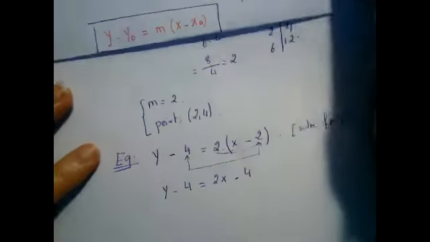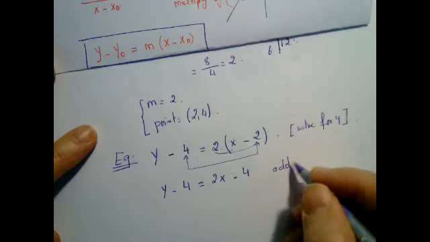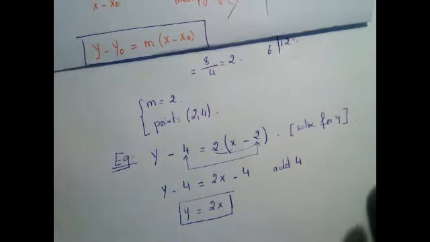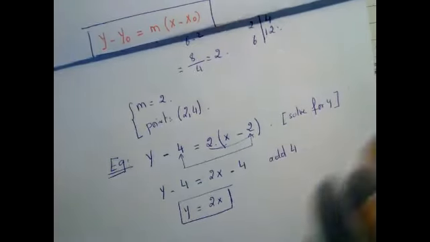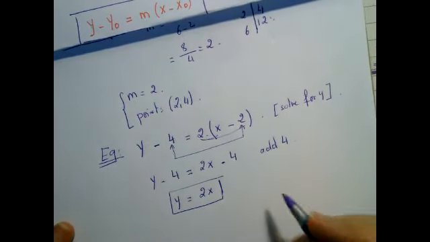Then I add 4 to both sides and I get y equals 2x minus 4 plus 4, y equals 2x. And that's the equation of the line. I'm done.